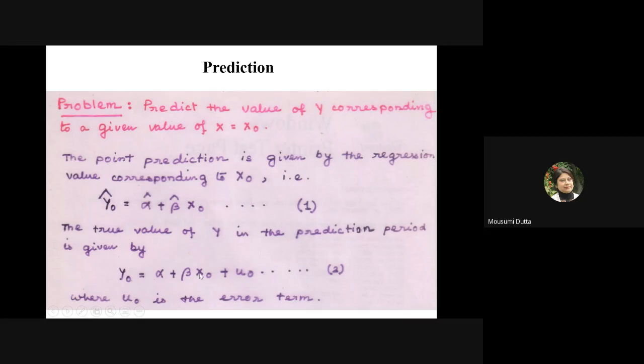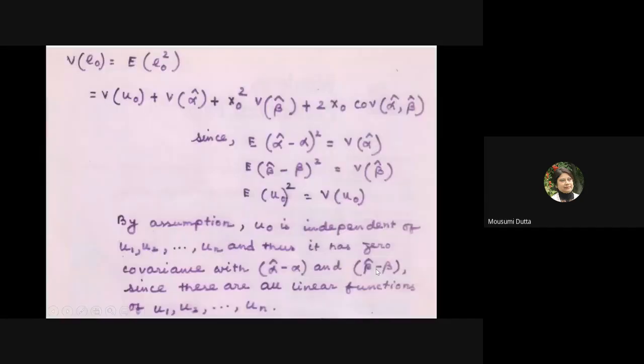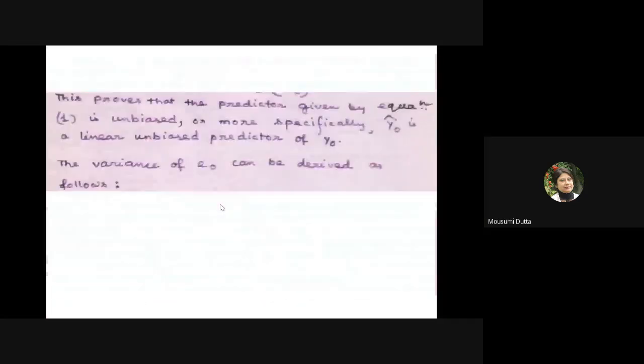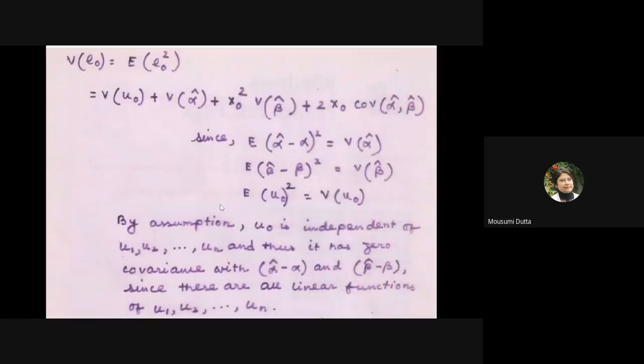So U naught is independent of all the UIs, and thus it has 0 covariance with alpha hat minus alpha and beta hat minus beta. So the other two covariances are equal to 0. These are the two properties of E naught: the expectation and the variance of E naught.